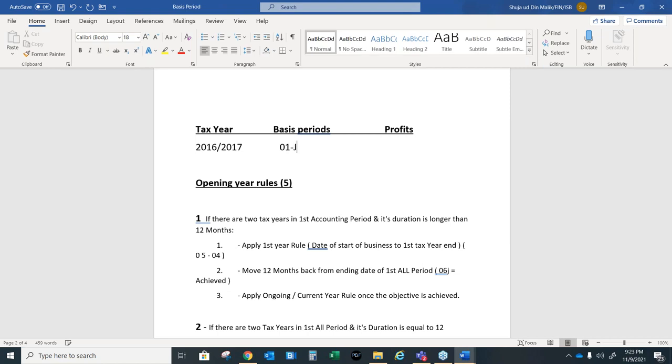It is 1st July 2017. And what is the coming tax year end? Can anyone tell me?